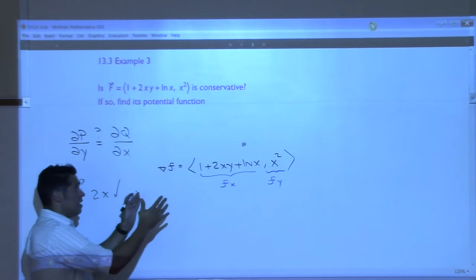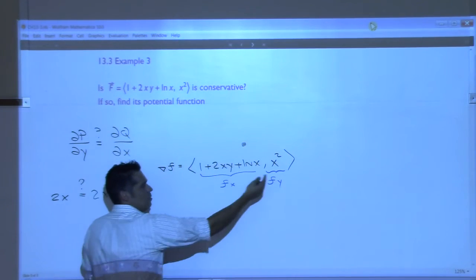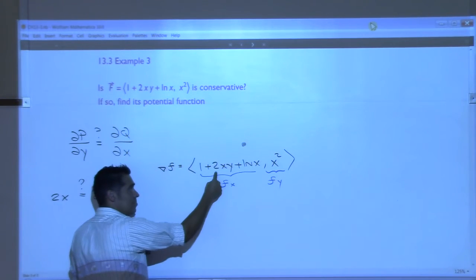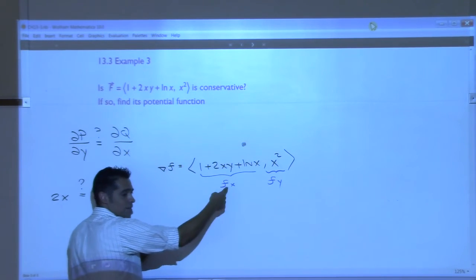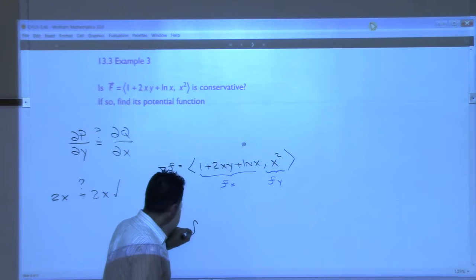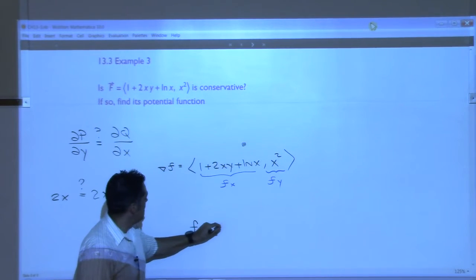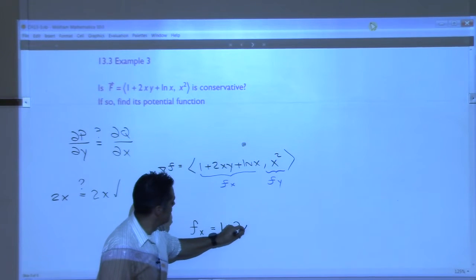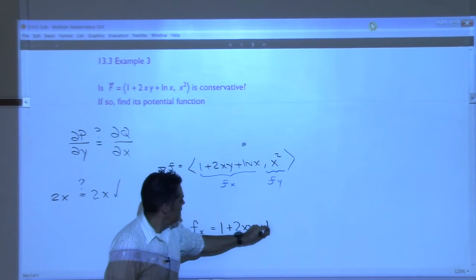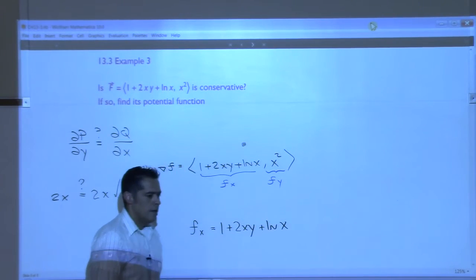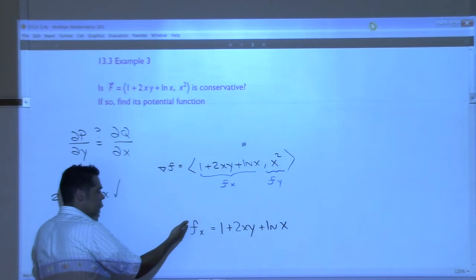So when we do this, we always start out, well, you can start with either one of these. It doesn't matter. Let's start with this one, and let's write this down as an equation. We know that the partial of little f with respect to x must be that first component.